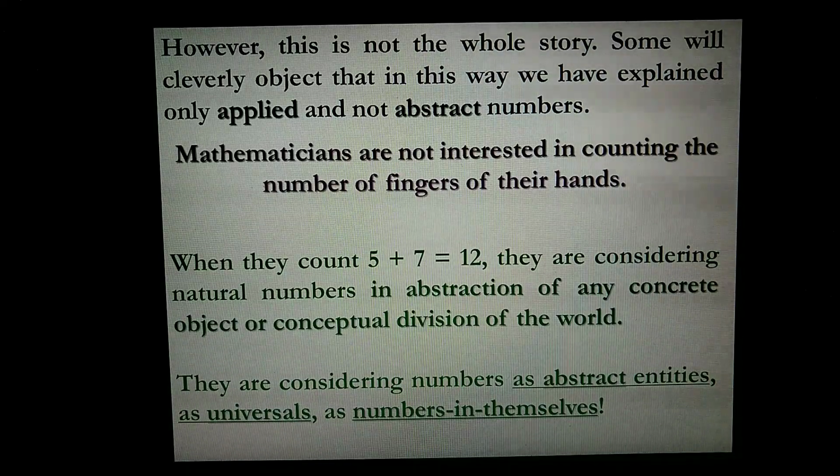When they say 5 plus 7 is 12, they are considering natural numbers in abstraction of any concrete object or conceptual division of the world. They are considering numbers as abstract entities, as universals, as numbers in themselves.